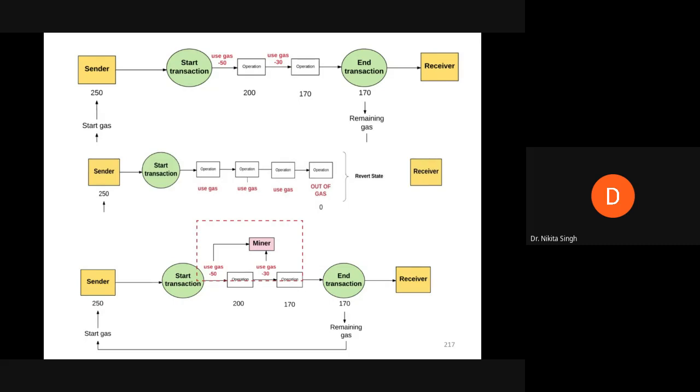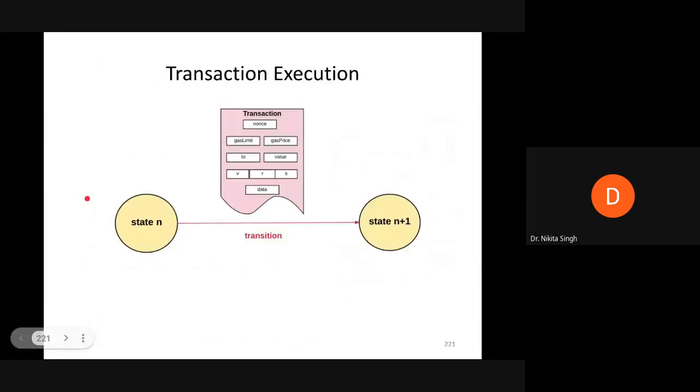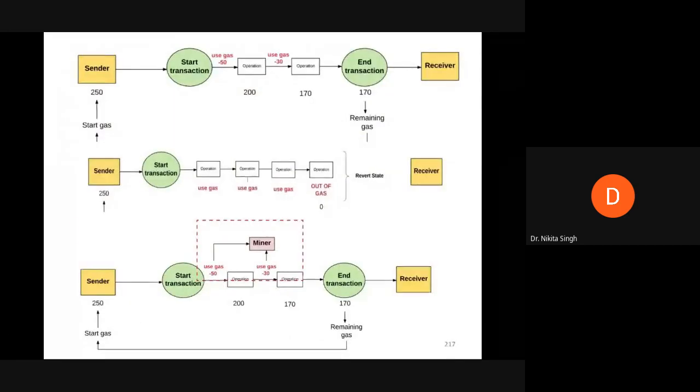So this is what is present here. We have a sender. You started a transaction. The transaction used a gas amount of 50. Then it again used a gas amount of 30. That is, for this operation, it used a gas amount of 50.